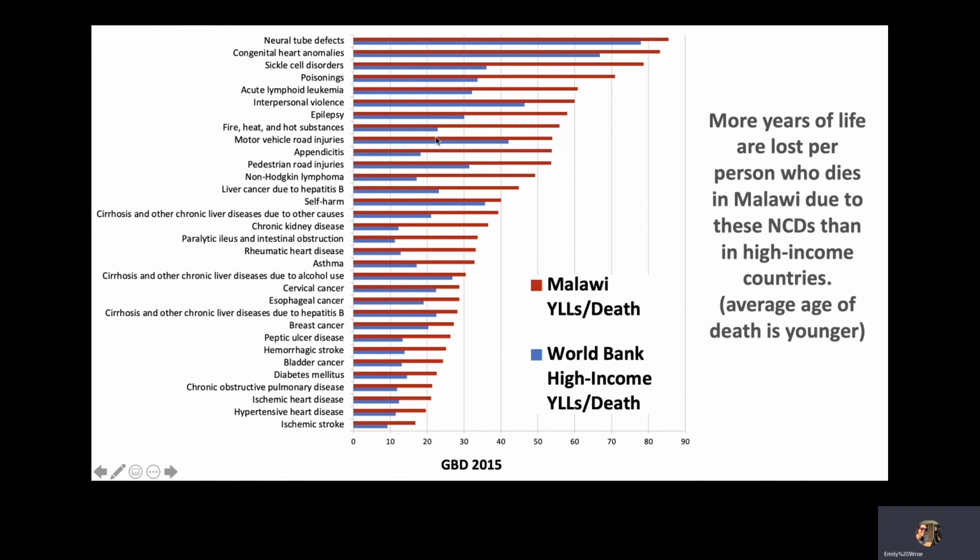So let's look at epilepsy. Someone in Malawi who dies of epilepsy is losing almost 60 years of life versus, in a high income country, somebody's only losing 30. So you're just dying a lot younger in Malawi from an NCD than elsewhere.